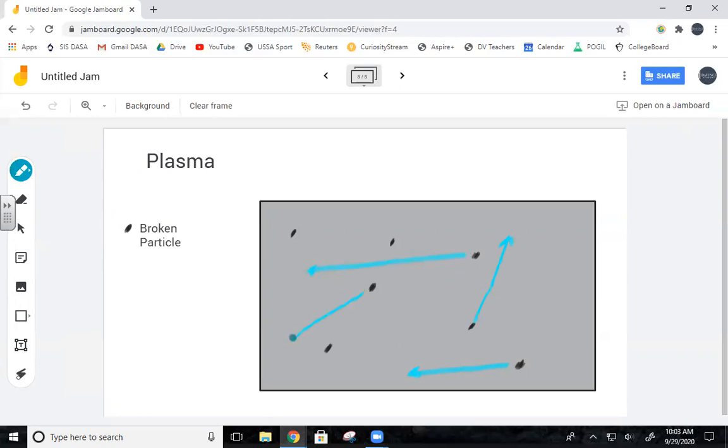These particles have so much energy that they don't just break the interparticle bonds, they break the bonds inside of themselves. So plasma can be closer. It can be, but it doesn't have to be.